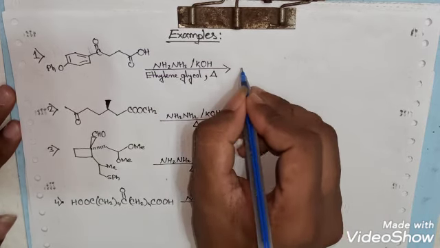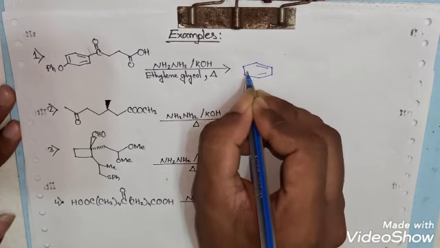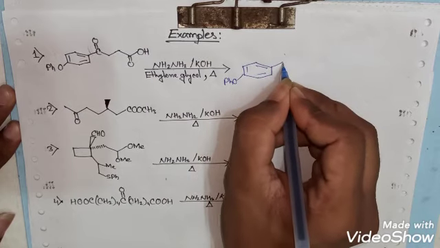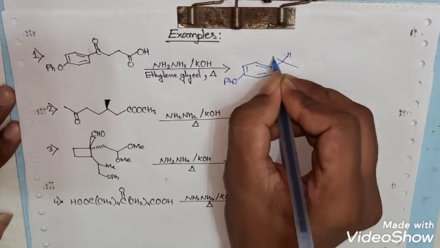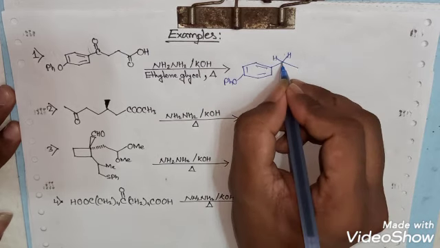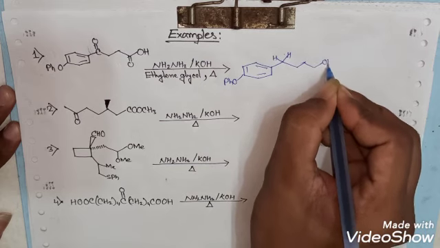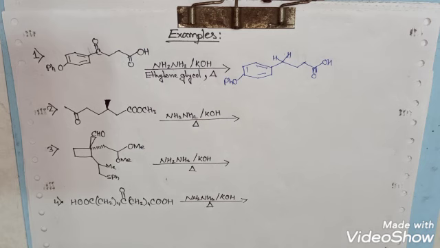So let's solve it. This part is going to be reduced, so you can highlight these hydrogens because it is reduced, and the rest of the molecule will remain the same. Okay, this has been solved.